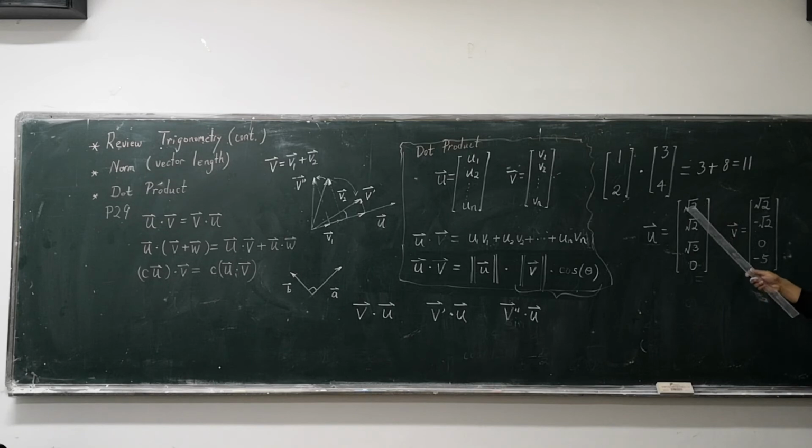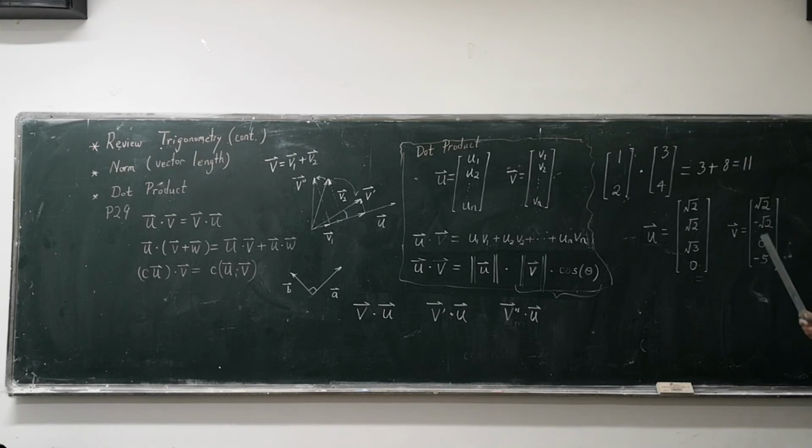It's 0. This times this is a 2. This times this is a minus 2. This is 0. This is 0. So it adds up to 0. Are you following? This times this is a positive 2. This times this is a negative 2. So they cancel out. This times 0 is 0. This times this is 0.